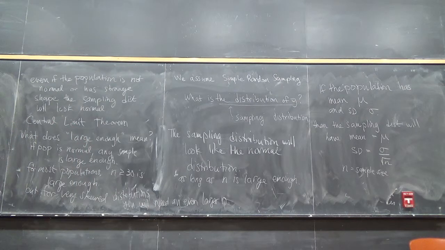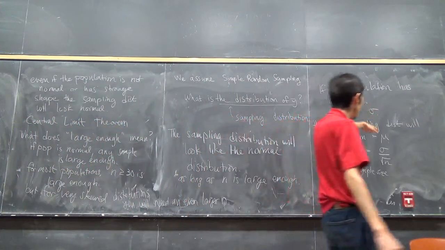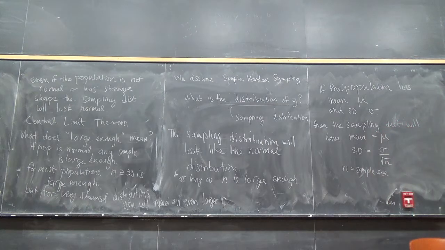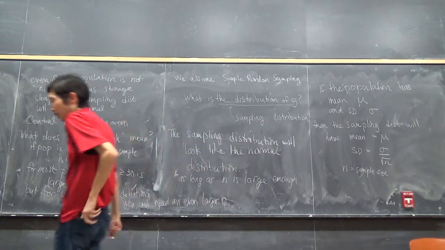It's just that when you take a very large sample, maybe it ends up looking like the normal distribution with mean mu and standard deviation sigma over the square root of n. But if it's very skewed, you might need a very large sample.